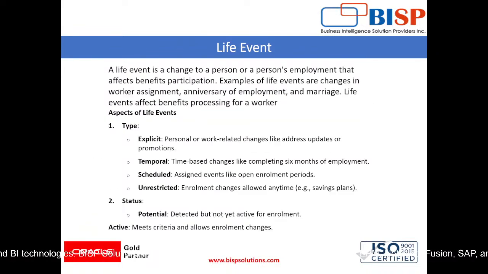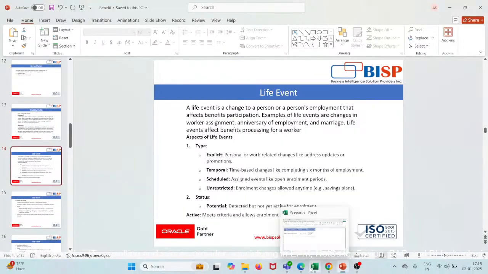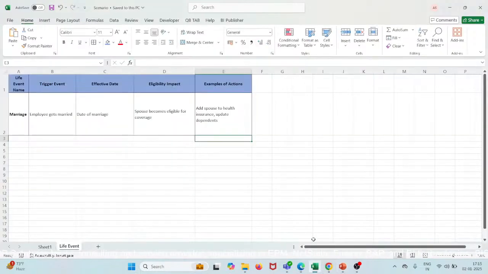Let's go ahead and create a life event and have an example of that from our previous example. Let's say an employee is married. So the life event name will be marriage.